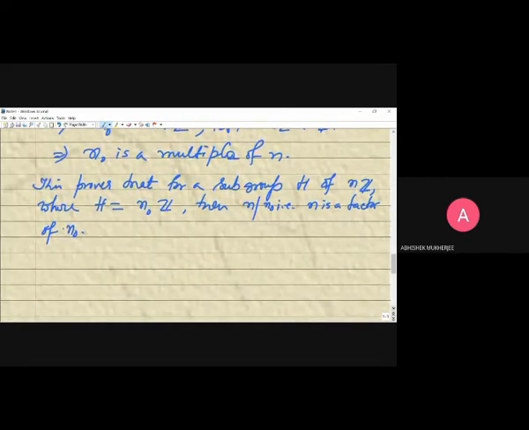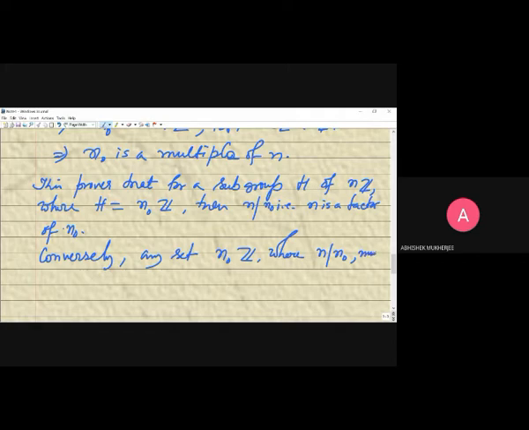Okay, and conversely, any set n not Z where n divides n not must be a subgroup of nZ.